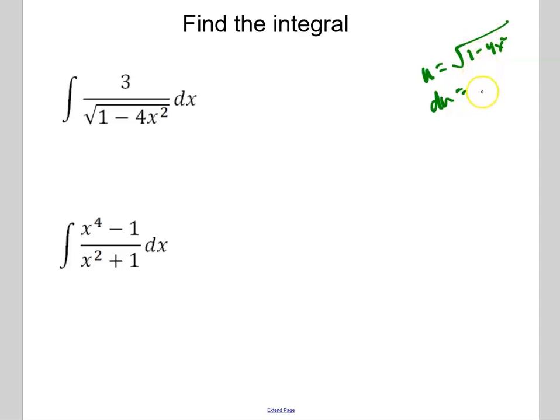And so I'm going to end up with 1/2 times 1 minus 4x squared to the negative 1/2 times negative 8 over x dx. And just kind of looking at that, that du definitely doesn't match up with anything, so that's not going to work either. Okay, so our two previous skills do not work on this, which you guys probably saw that coming because we want to practice some new skills.